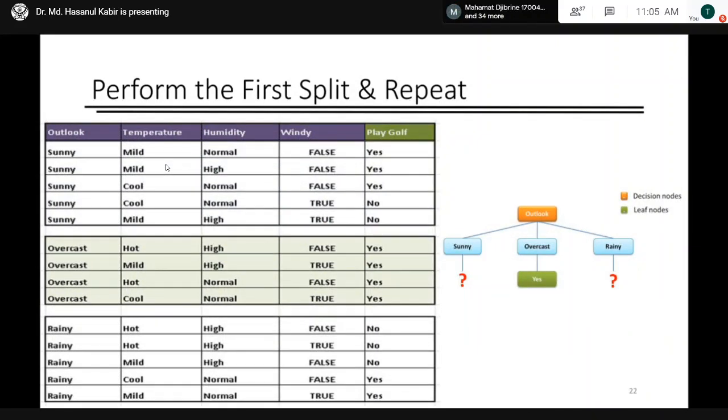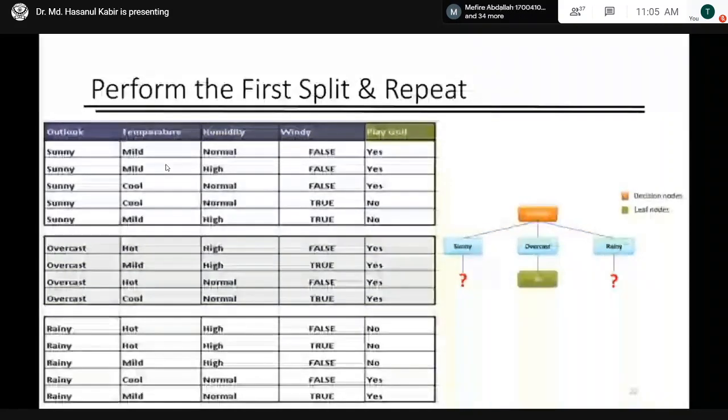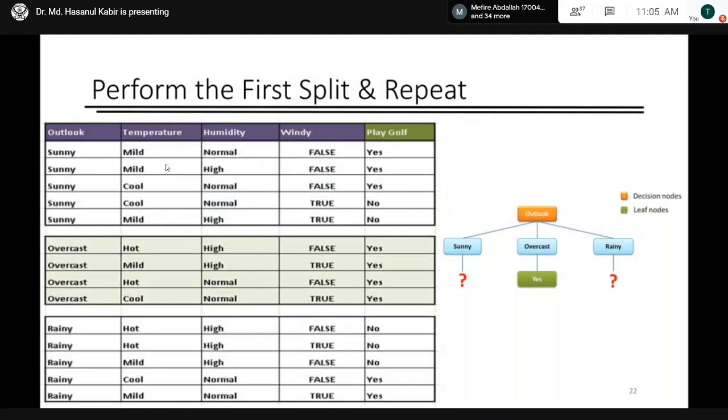Yes, sir. Okay. Now, if I ask you, how many samples followed the branch sunny? 5 of them, right? How many followed overcast? 4. How many followed rainy? 5.